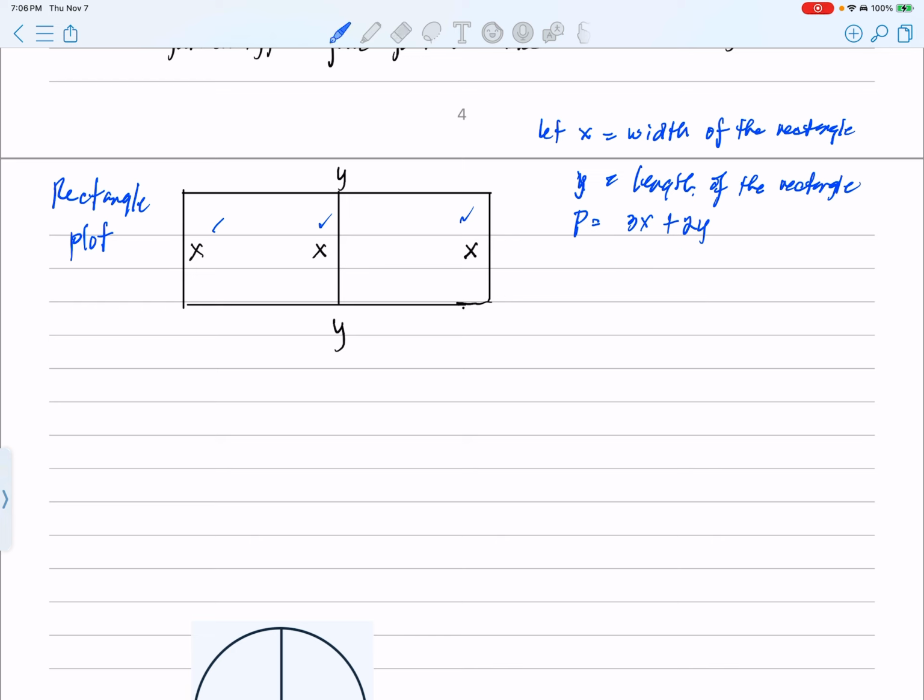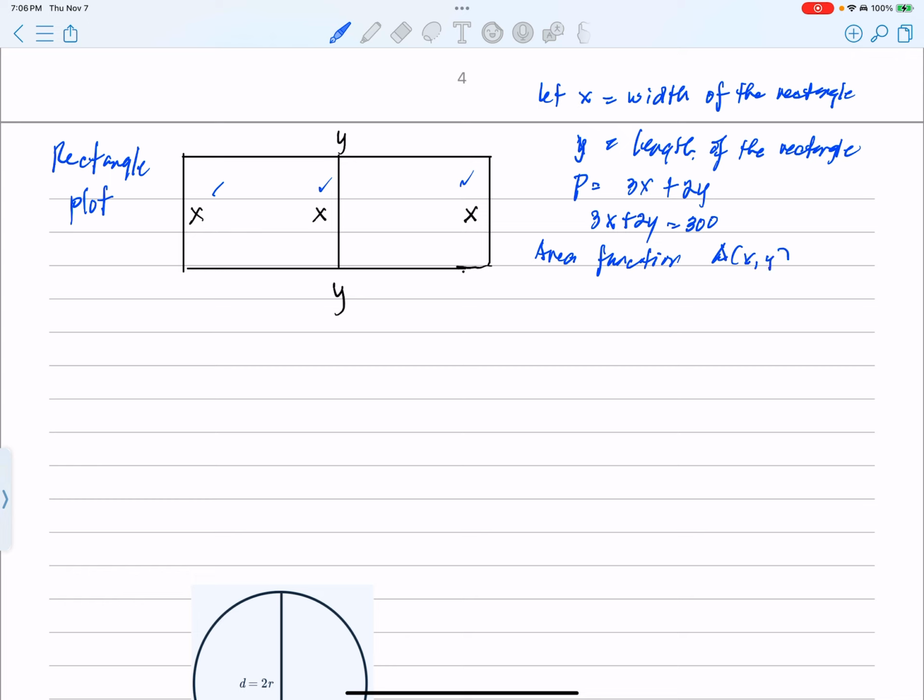The area function, okay, let's look at the area. Area is length times width, right? So the area would be xy. That's the function.